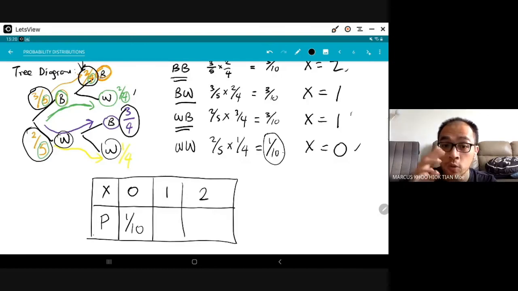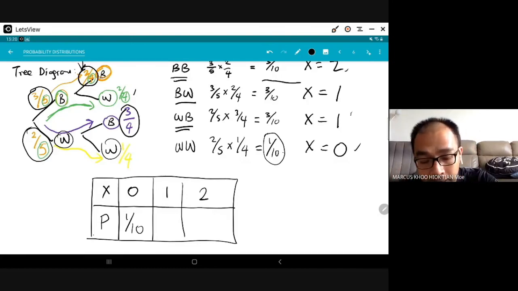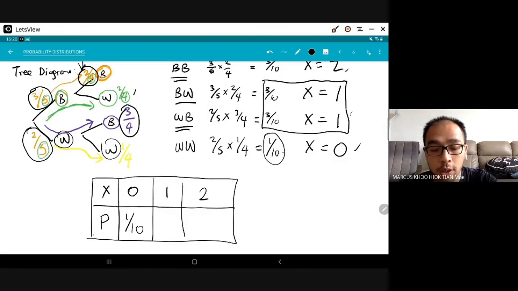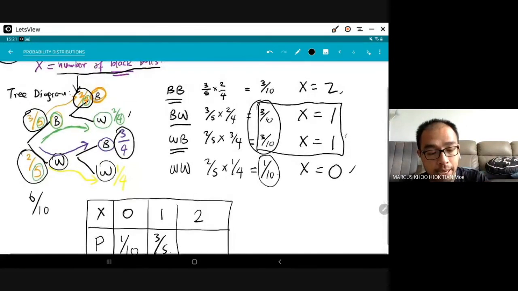When x equals 1, there are 2 cases where x equals 1. So what do we do with these 2 probabilities? We add them together. Okay, we get 6 over 10 or 3 over 5. Sama aja lah. Okay, doesn't matter. And then lastly, x equals 2 is 3 over 10.